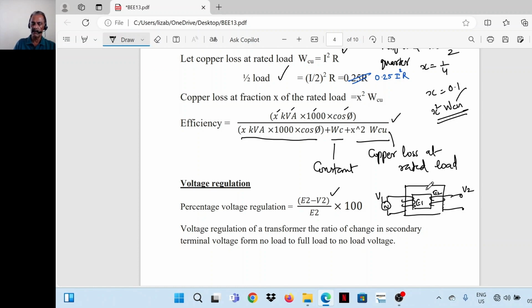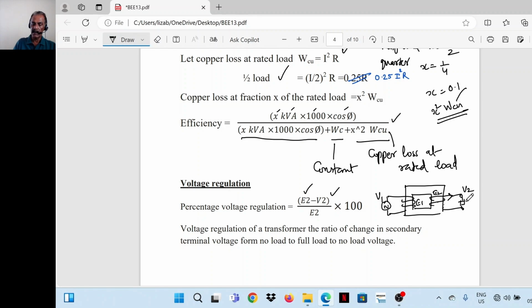The terminal voltage is equal to, or if we neglect the voltage drops, then V1 is equal to E1 and E2 is equal to V2. But regulation considers the voltage drop. At no load, when there is no current flowing in the secondary circuit, E2 and V2 are both the same. So this is the secondary terminal voltage at no load.